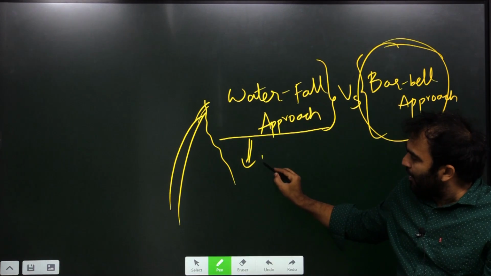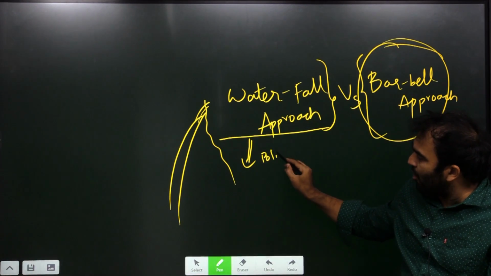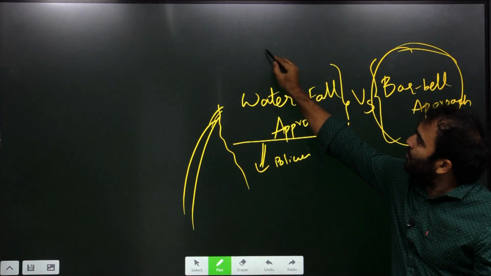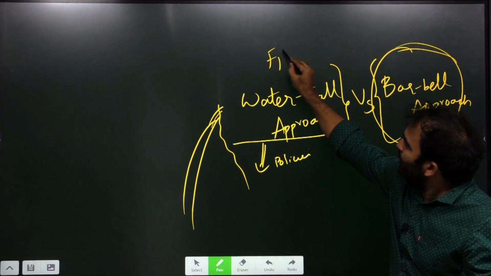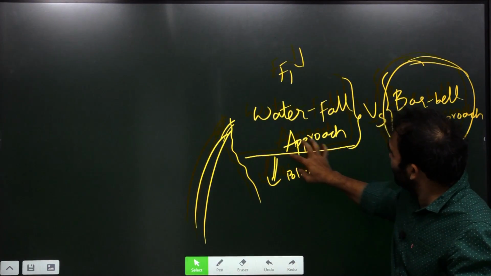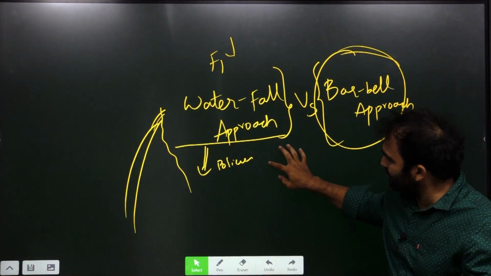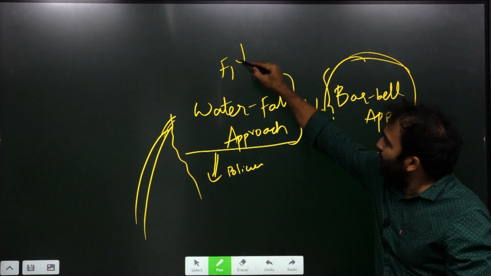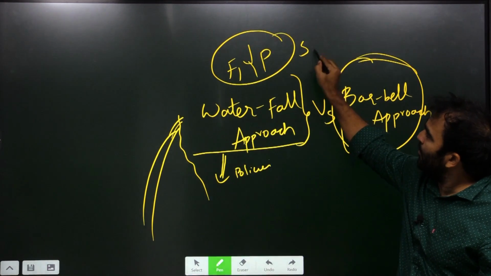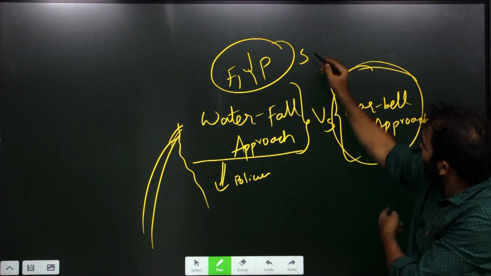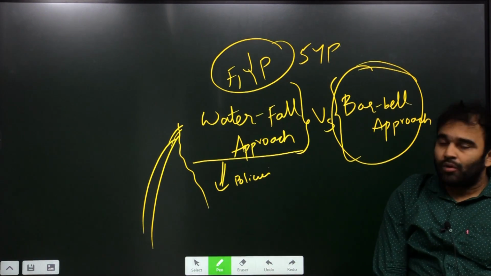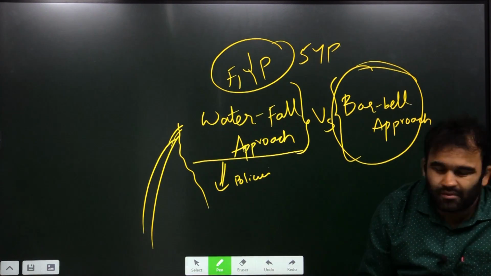While we are making our policies all these years, particularly during the 5-year plans, what was the nature of our 5-year plans?